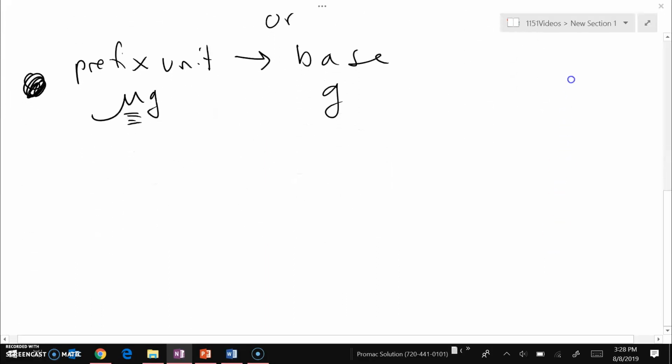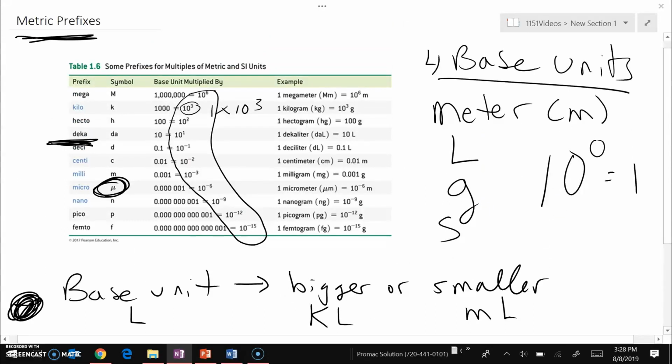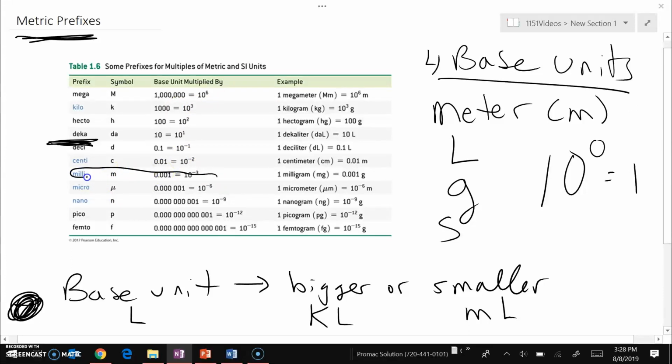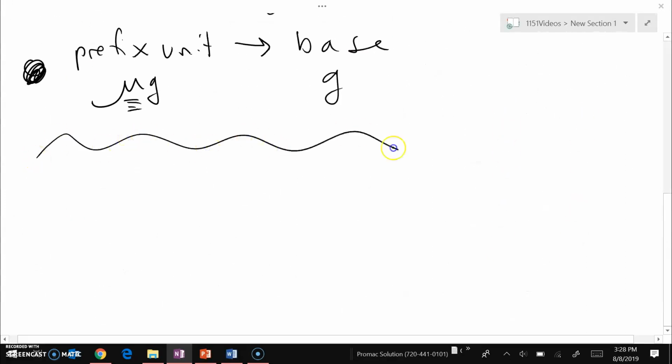Okay, so let's do an example, and before I actually do that, I'm going to scroll back up. Let's do an example with milli, okay? So just so we can be clear, let me erase some of this. So we can be clear, milli, you have to memorize, is 1 times 10 to the negative 3 from this table. Okay, so let's do an example.